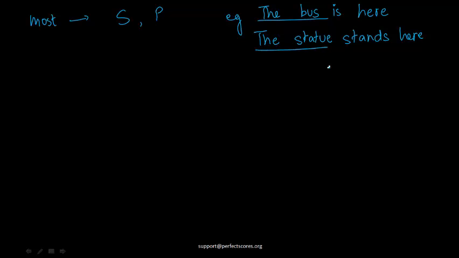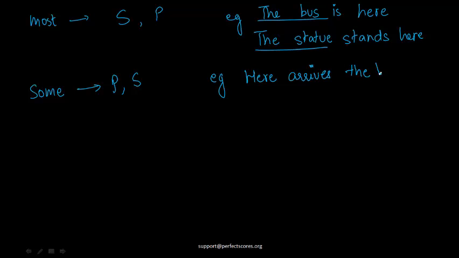The statue. In some cases, the subject can also come after the predicate. For example, here arrives the bus. The topic of the sentence is still the bus, but it is located after the predicate.